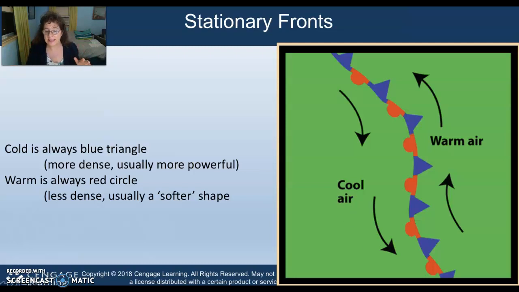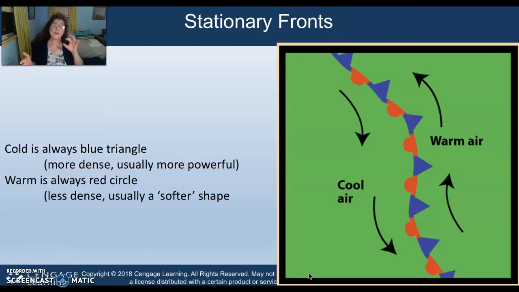Generally, if we had the south down here, the warm air mass would be heading north. And if we had the north up here, the cool air mass or the cold air mass would be heading south. But they go past each other and neither one is stronger than the next one. So they ride next to each other and move alongside very, very slowly to the point where they hang out and they may not move for weeks.